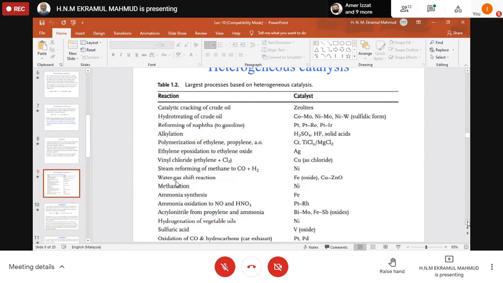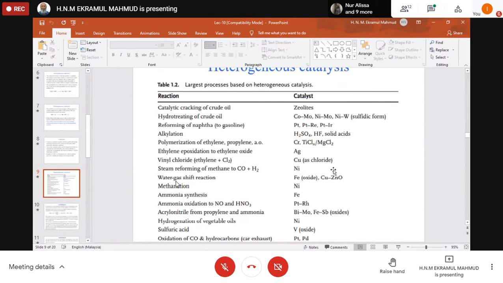Suppose you are working in any petroleum company, definitely they will have this catalytic cracking. They will have these refinery products to be used, which means you will have petrochemicals to produce from these petroleum resources. So you will be using catalysts.